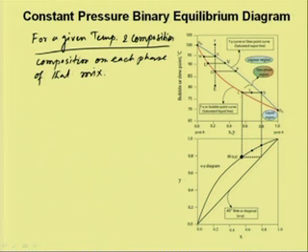Suppose the point L over here, this gives the equilibrium liquid phase composition x and the corresponding vapor phase composition at G, and this line L G is known as the tie line.